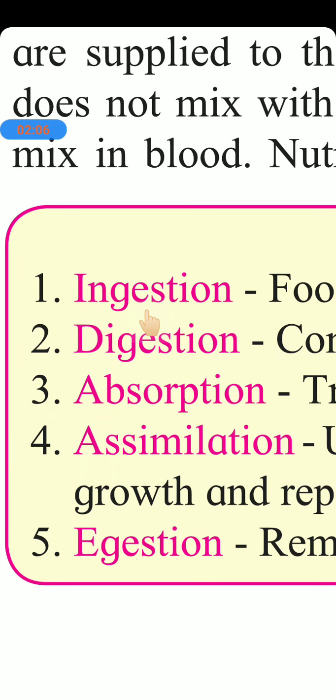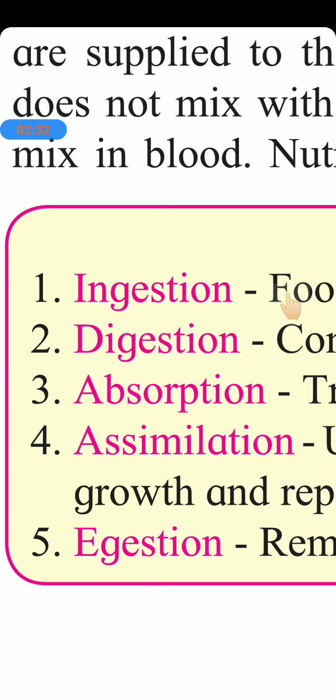First is ingestion. The ingestion step is nothing but food being taken into the body. There is a different ingestion method for the different animals that we are going to learn in a further point. For humans, the ingestion body part is the mouth.